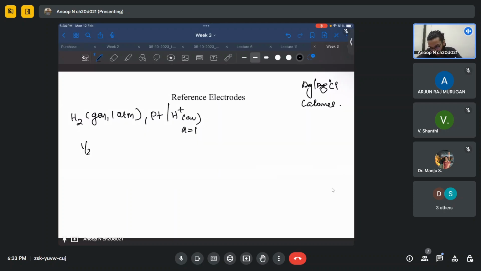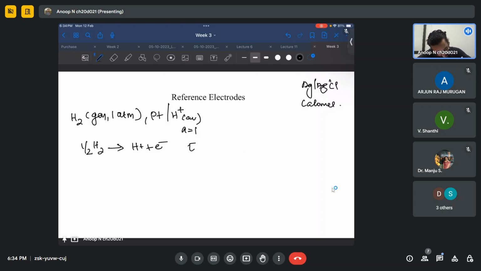The reaction is half H2 giving H plus and an electron. So how can I write it? E cell is equal to E0 cell.